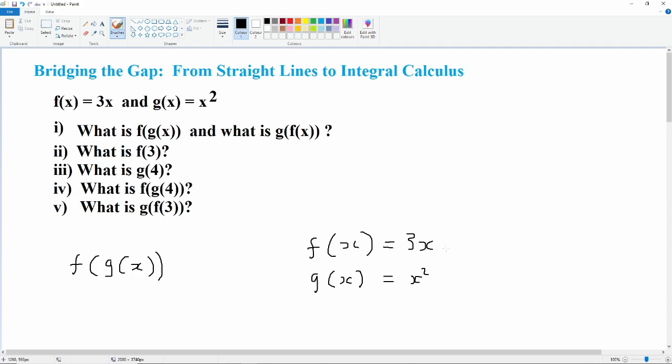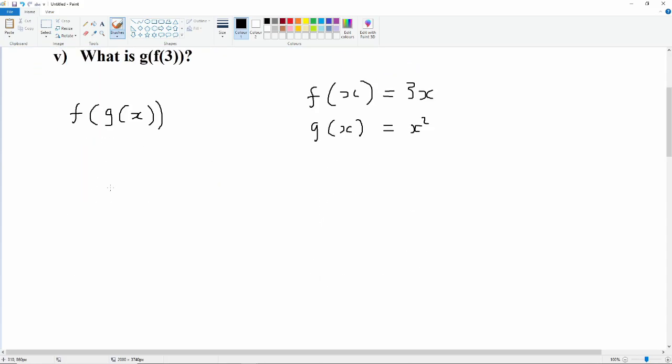So f of g of x is equal to f of g of x. But g of x is x squared. So this is f of x squared. Oh, now my x is even worse. Okay, never mind.